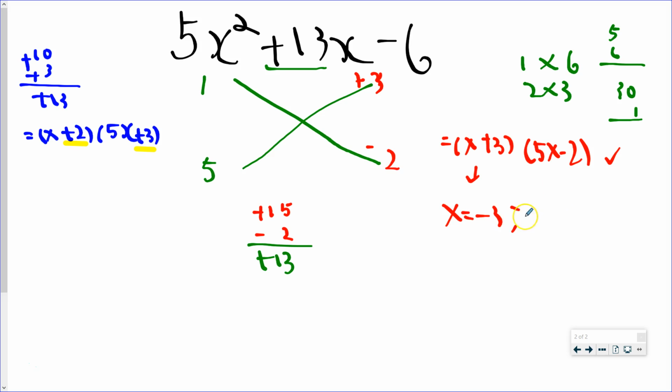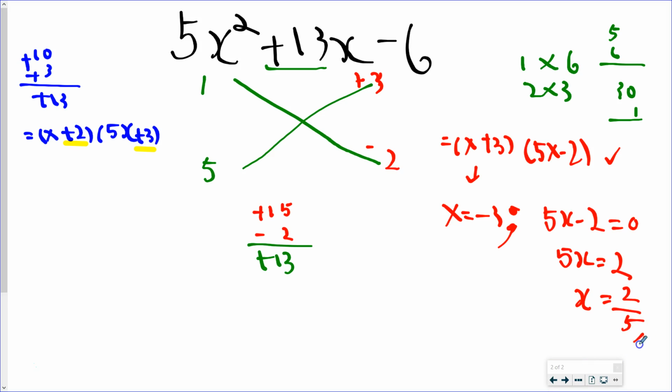Second one, I'll show you a little bit more. So 5x minus 2 is equal to 0. So 5x is going to be 2. Divide both sides by 5. Don't skip that step, whoever that was. So for the real answer, x is equal to negative 3 and x is equal to 2 over 5.